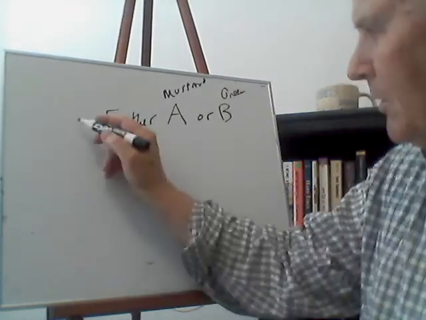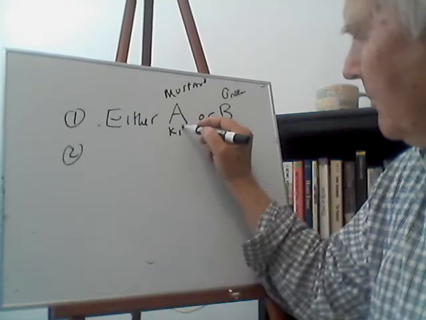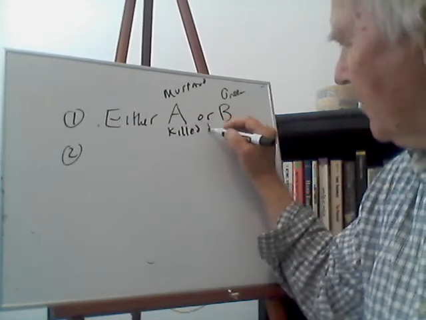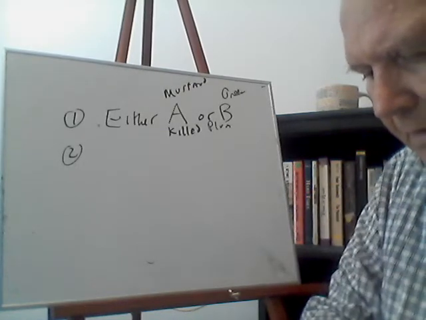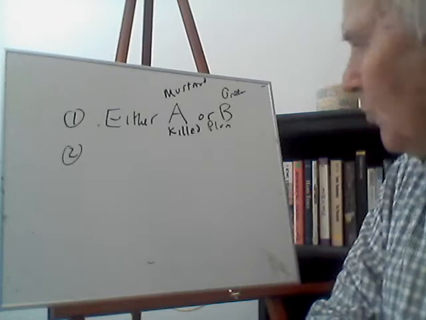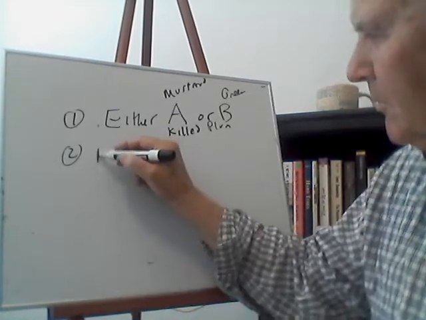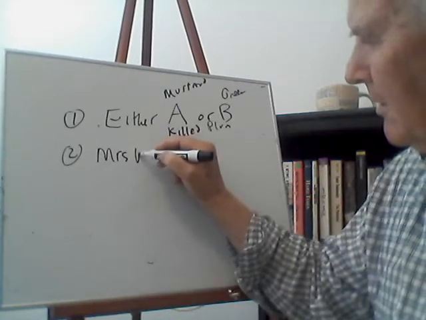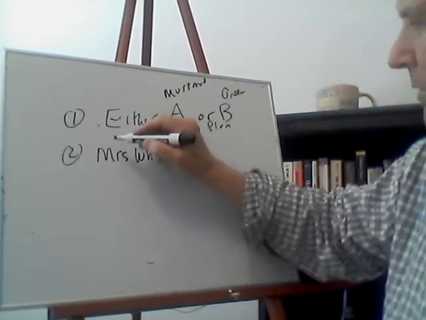Okay, that's one premise. The second premise, I'll put killed Professor Plum, P-L-U-M. That's the first premise. The second premise is, but whoever ran off with Mrs. White did not kill the professor. So I'll just put Mrs. White.